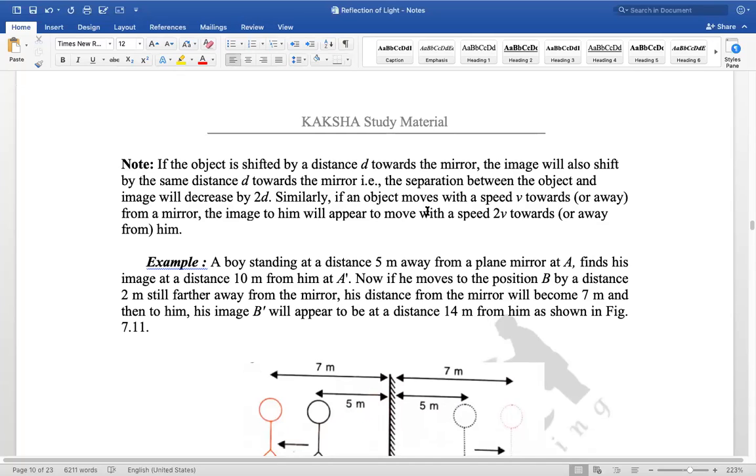Similarly, if an object moves with a speed v towards or away from a mirror, the image to him will appear to move with a speed 2v towards or away from him.